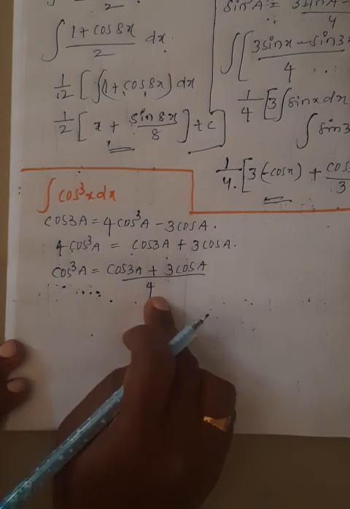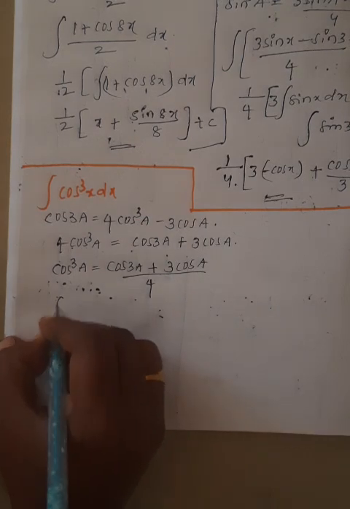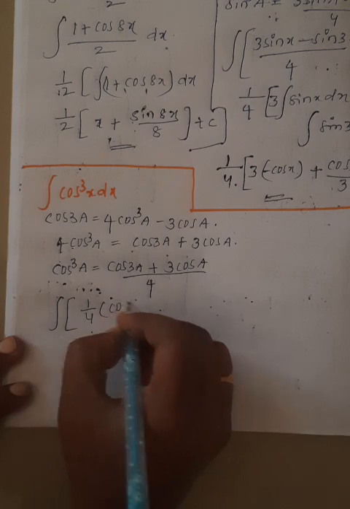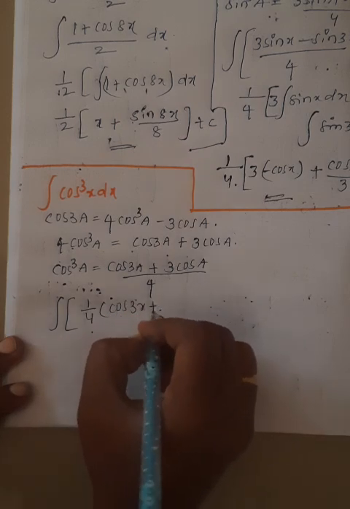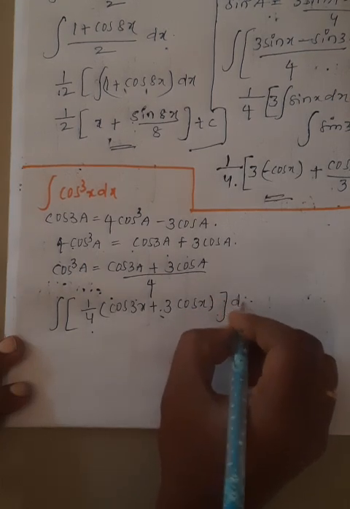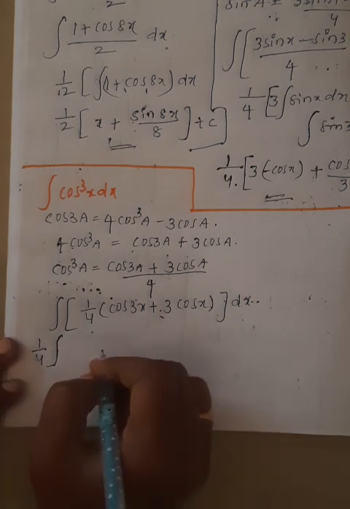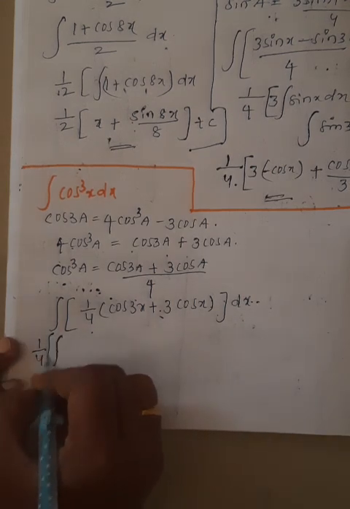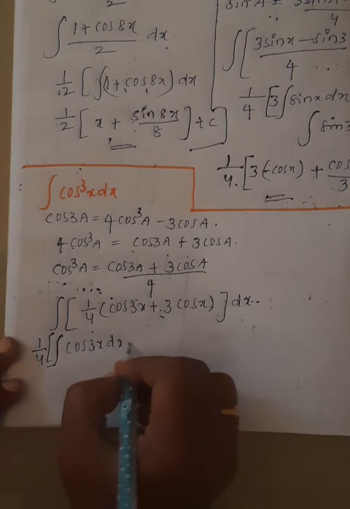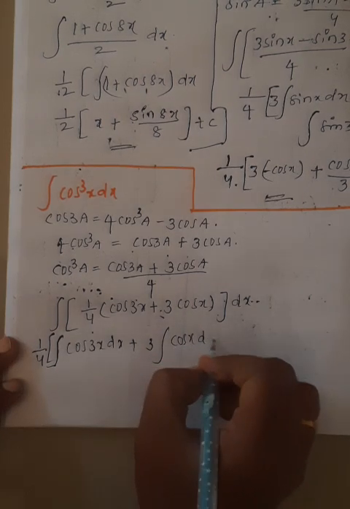Now we have to use this formula in order to solve cos cube x. So here I am writing 1 by 4 into (cos 3x plus 3 cos x) dx. So the 1 by 4 we have to write outside. Integration of cos 3x dx plus 3 into integration of cos x dx.